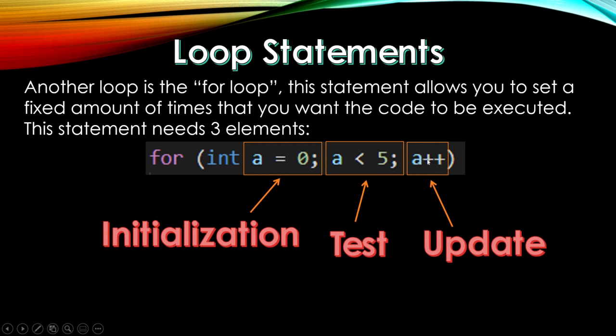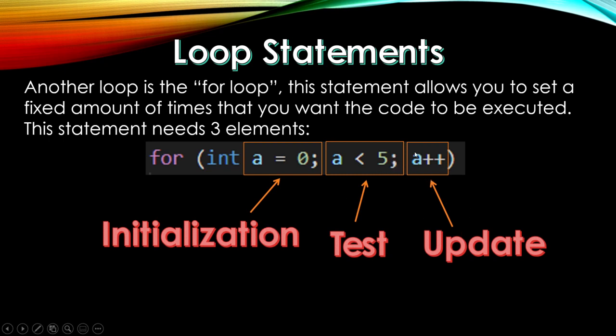Update means that you're changing the first variable that you created so that it can stop somewhere. So what the for loop does is, as long as a is less than 5, it's going to execute whatever you put in the code.